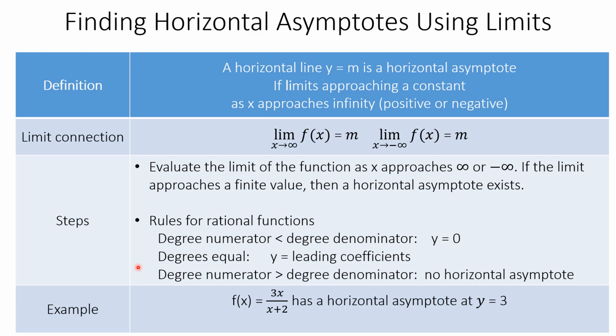Because the degree of the numerator is 1, and the degree of the denominator is also 1, the degrees are equal, which means we have to look at the leading coefficients. The coefficients here are 3 and 1. 3 over 1 gives us 3, which means the horizontal asymptote is at y equals 3.